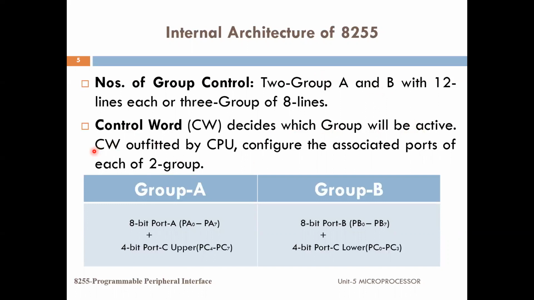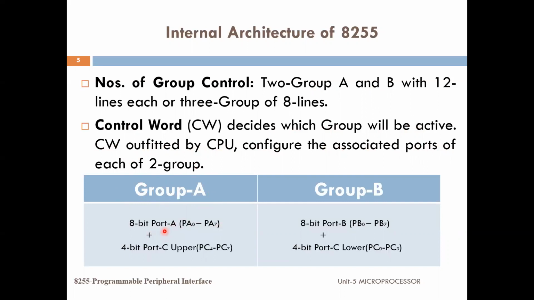So it is configured by the microprocessor or the CPU, so that it can configure the associated ports of each of the two groups. As I told you earlier, group A contains port A, which is 8 bit, whose representation is PA0 to PA7.